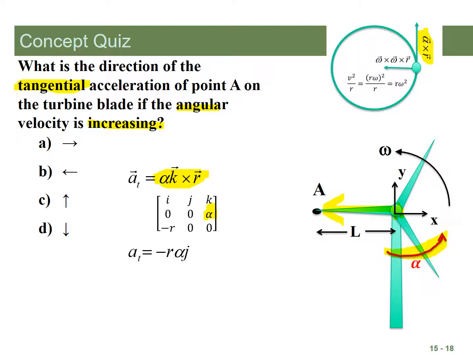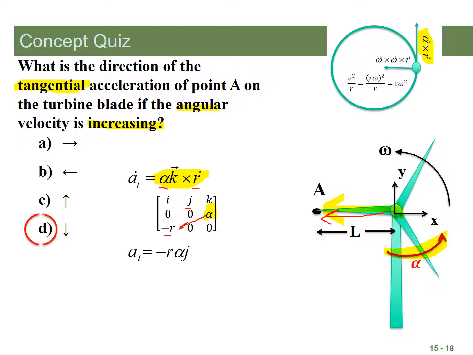So in this case, we're traveling to the left, and we're looking at a negative L or negative R in the left direction. That's our position vector. So alpha cross R, and this is going to give us something in the J direction. So J, we go from the right to the left, and we have to keep that negative sign on there.